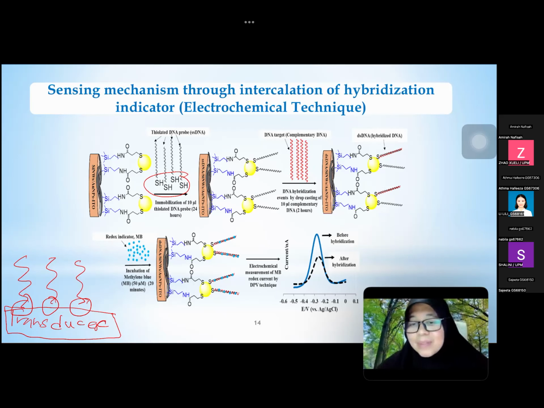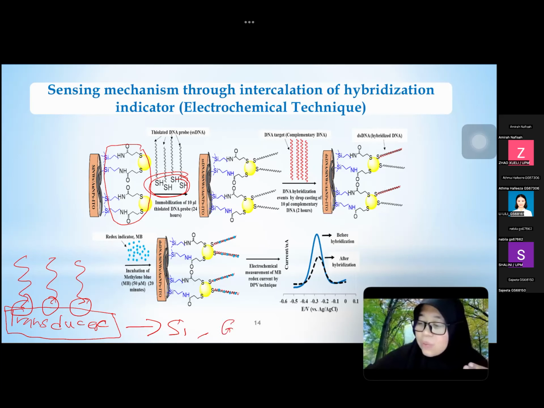We need to learn about the attachment of DNA first, and then we need to know the right indicator, and then, of course, the transducer. So we are going to learn the chemistry here, and also here, because you cannot just put anything on top of a transducer. If you have a transducer that is silicon, for example, it does not behave similarly to a transducer that is gold.